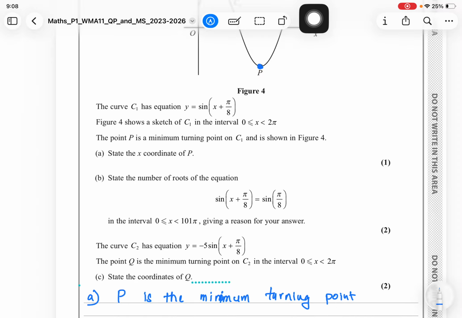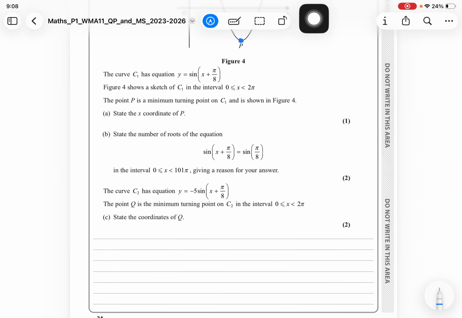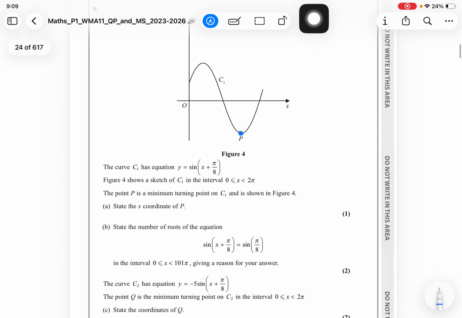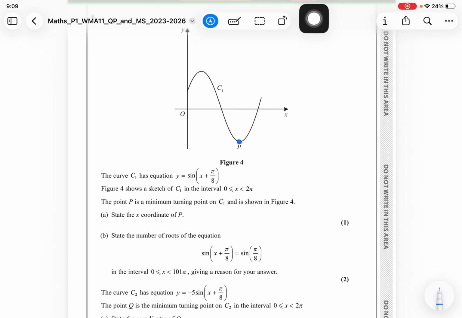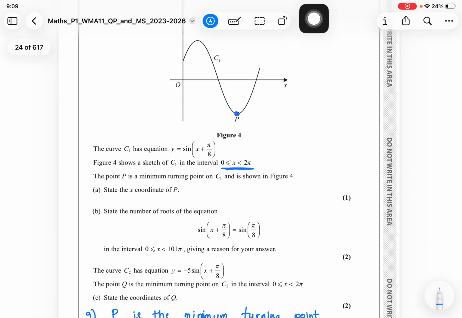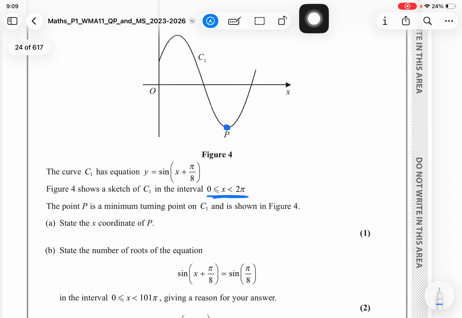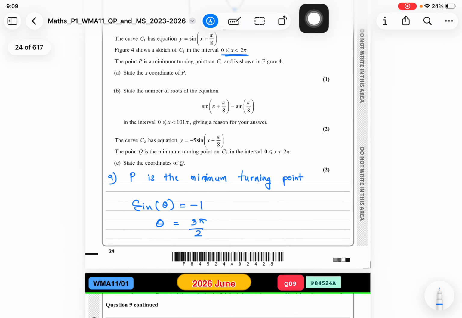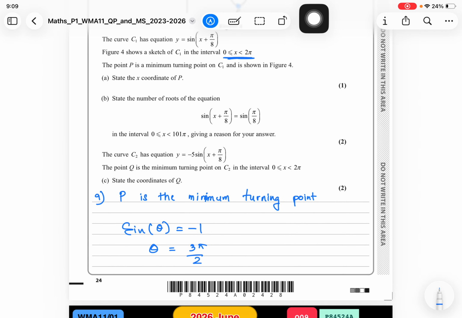We know for sine, the minimum occurs when sine of a particular theta is -1. So in such cases theta will be 3 pi divided by 2 in the first place, because this is the range of x. So we can see this particular point will be that.